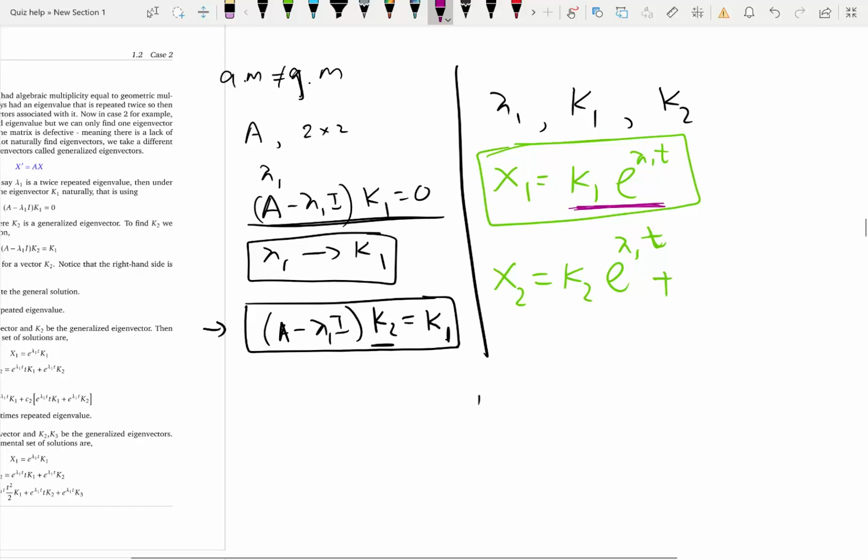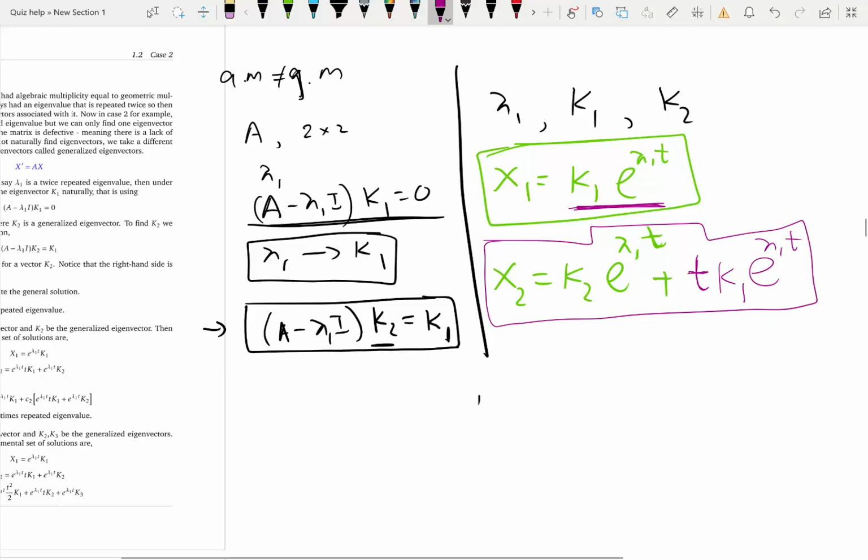That is important. So the previous one is K1 e to the lambda 1 t. So I just took x1 and multiplied by t. Okay, so this is how you write the second fundamental solution in the set. But now this is not the general solution.